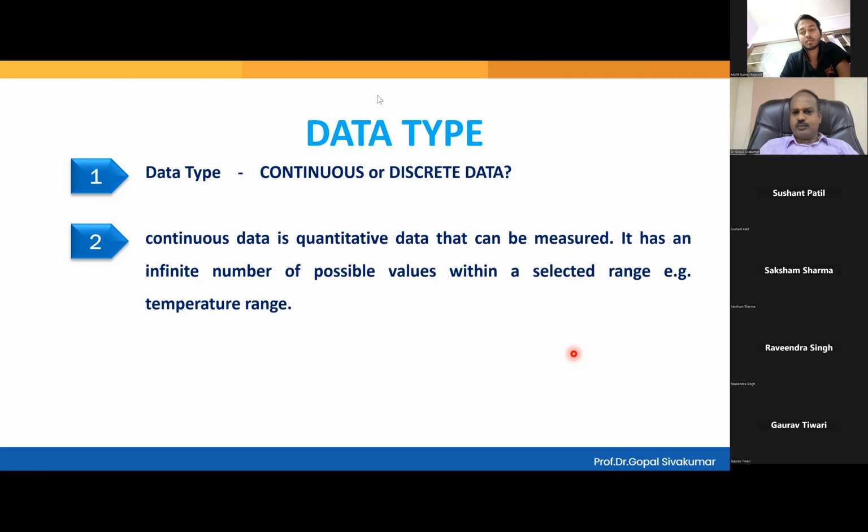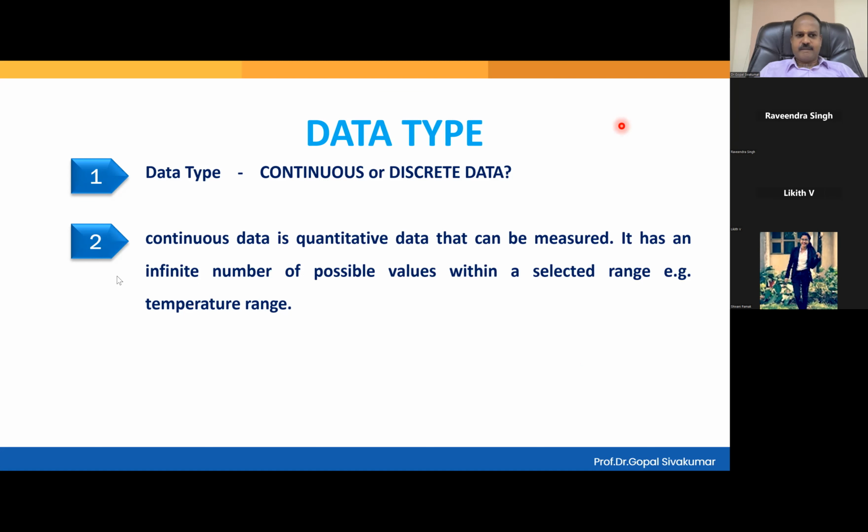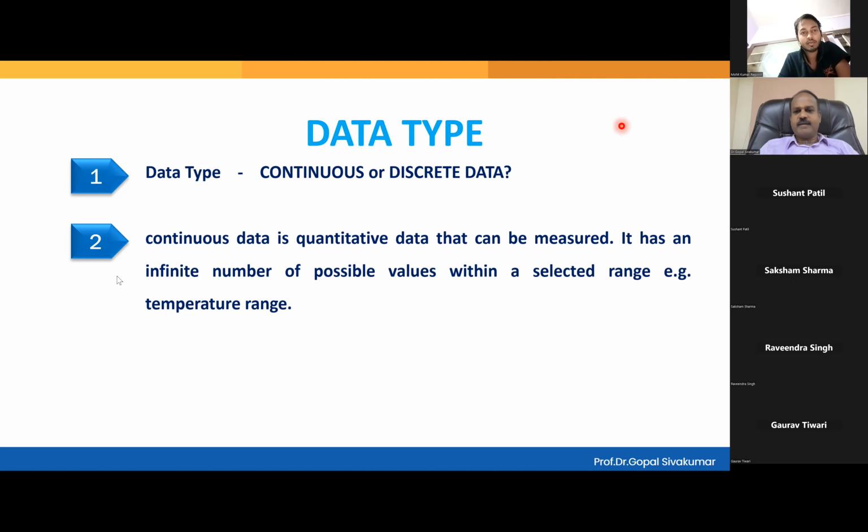Can one of you explain the meaning of this statement? It has infinite number of possible values. What does it mean? I mean, in a scale of temperature, it could be anything within that range.